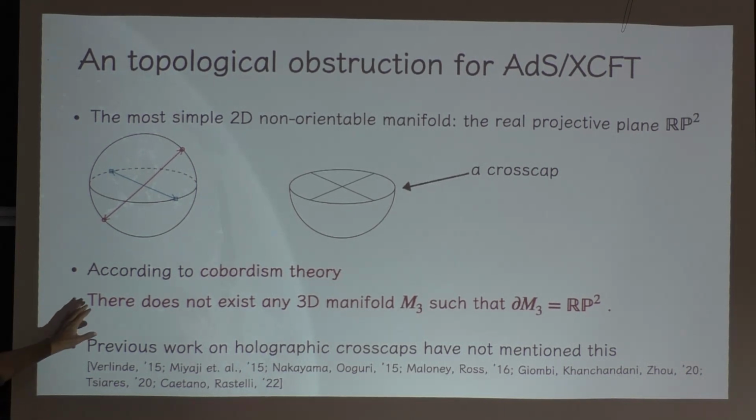But it is known in cobordism theory that there does not exist any 3D manifold such that the boundary of the 3D manifold is RP2. There are also papers on holographic crosscaps, but they have not mentioned this. I will explain what they did later.